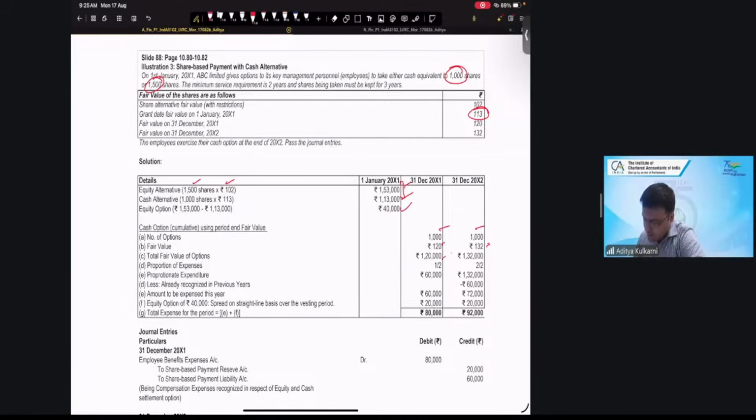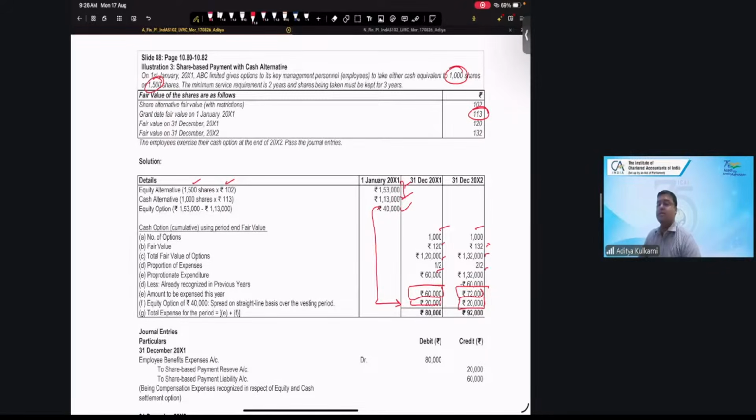Total fair value 1,20,000, 1,32,000. Spread over 2 years, so that gives you 60,000 and 72,000. And equity option of 40,000 spread on straight line basis over the vesting period. That is this 40. Okay. So total expense for the period 80,000 and 92,000.